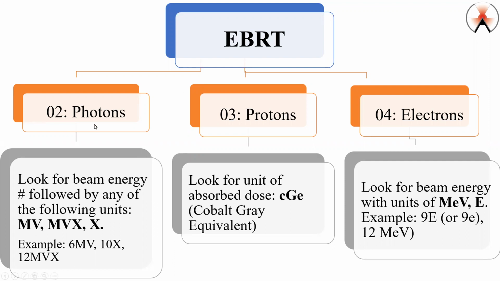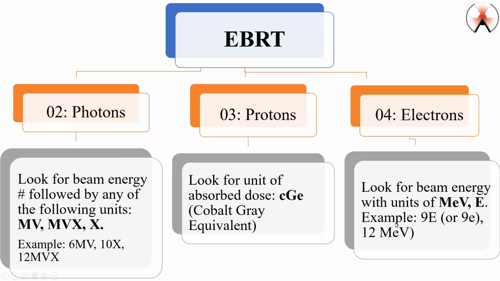It can be in photons, and this line is just the modality codes that you find in the STORE manual. 02 for photons, 03 for protons, and 04 for electrons. All of these are what we call external beam radiotherapy or radiation therapy. So when we talk about code 2 for photons, what should we be looking for in the treatment summary?